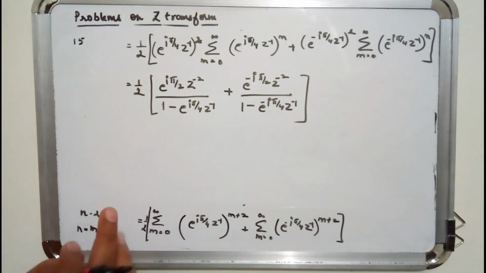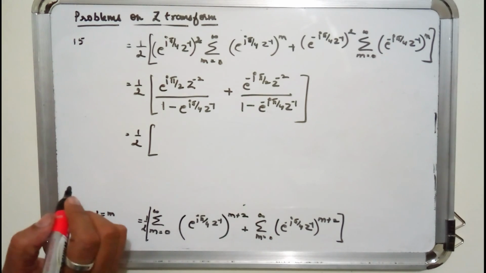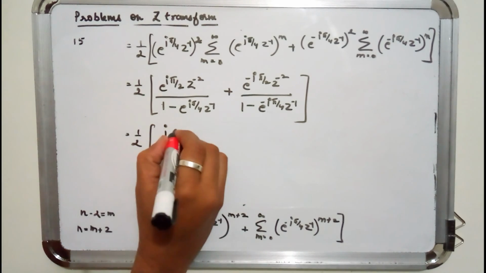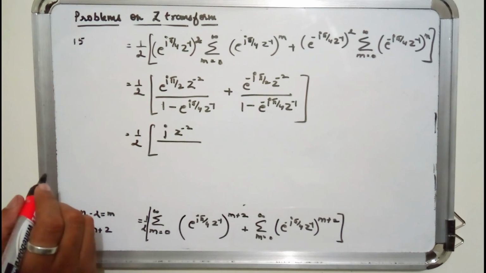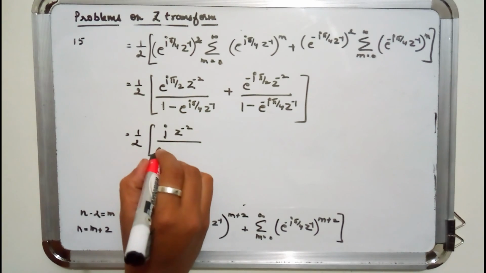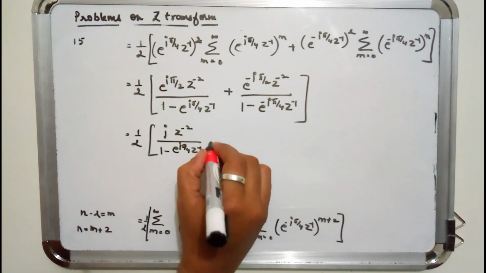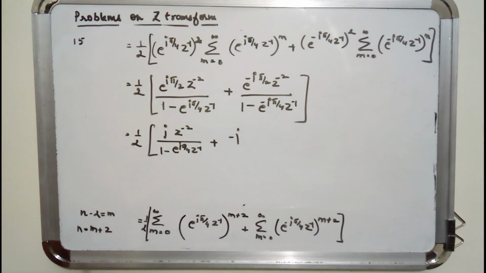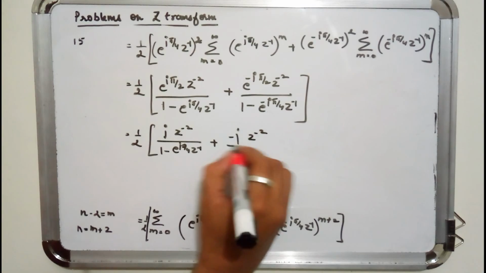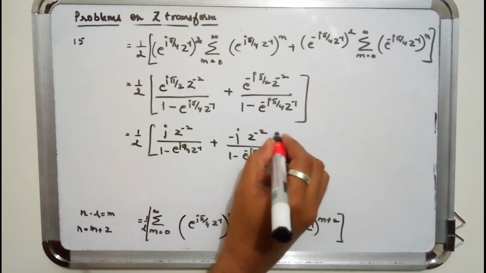Now e power j pi by 2 is cos pi by 2 plus j sin pi by 2, so it will be j z power minus 2 divided by 1 minus e power j pi by 4 z inverse, I'll keep it as it is, and here it is minus j, because e power minus j pi by 2 is minus j, z power minus 2 divided by 1 minus e power minus j pi by 4 z power minus 1.